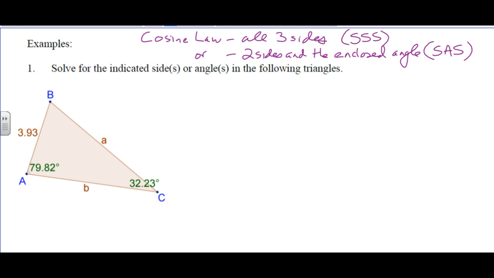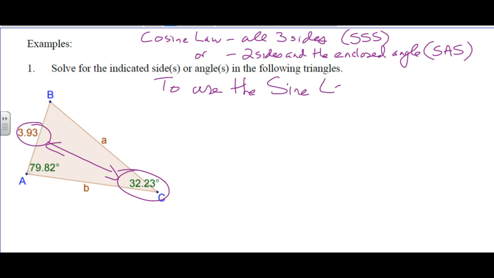One problem with the sine law, now what does the sine law require? So the sine law needs what's known as a known pair. So to use the sine law, and sometimes it's called the law of sines. So sine law or law of sines. Cosine law or law of cosines.